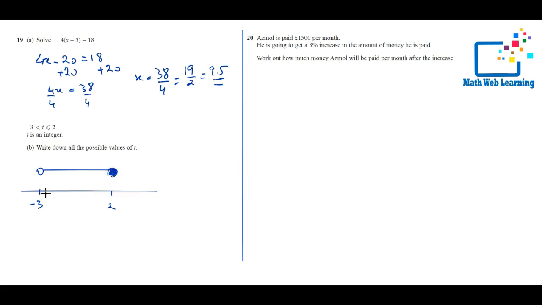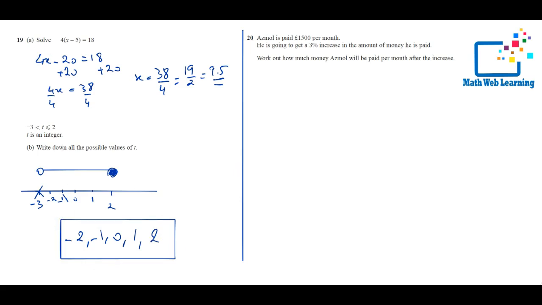The numbers are integers, so it's going to be minus 2, minus 1, and then 0, and then 1, 2. So basically, this is no, and everything else. So the numbers are minus 2, minus 1, and a 0, and a 1, and a 2. These are your answers.